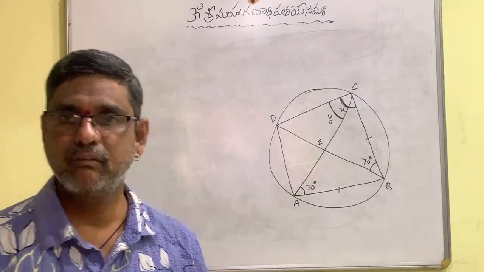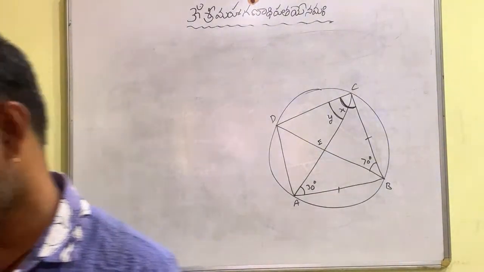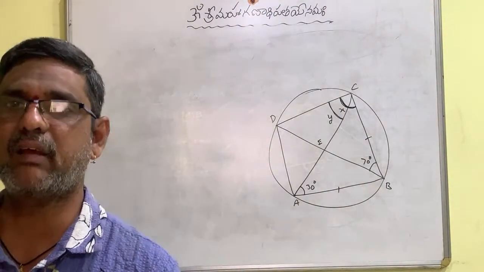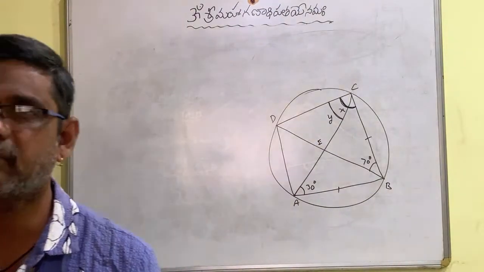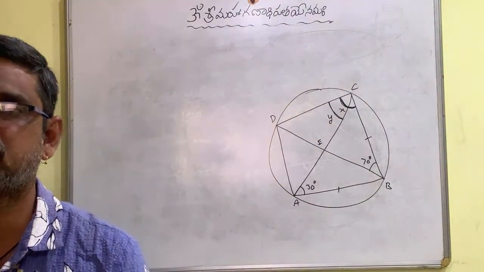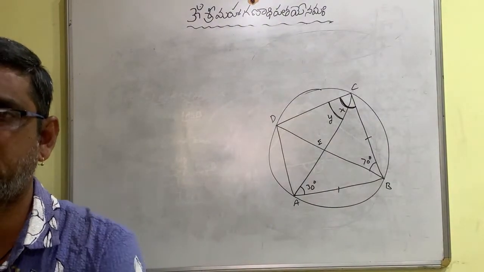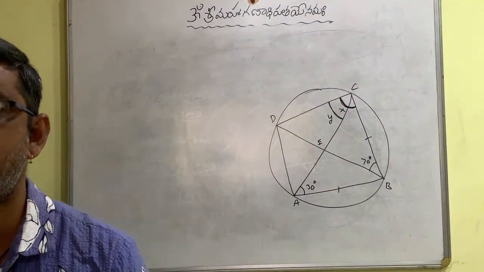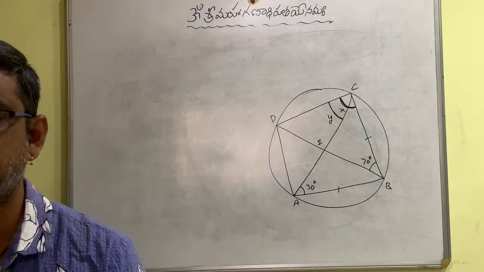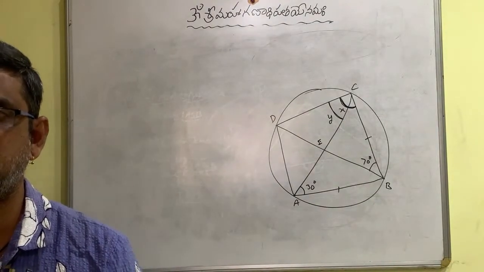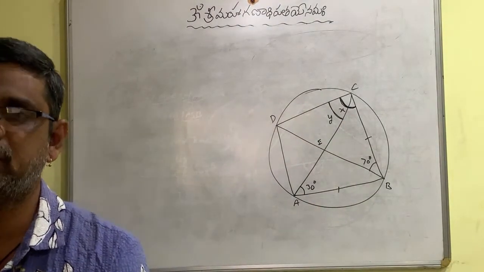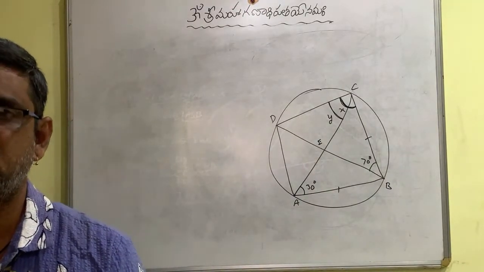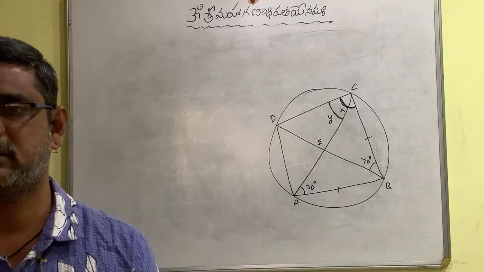Okay, now in the figure we can observe an isosceles triangle. What is that? Can anyone say? ABC, very good. ABC is an isosceles triangle with AB equal to BC.